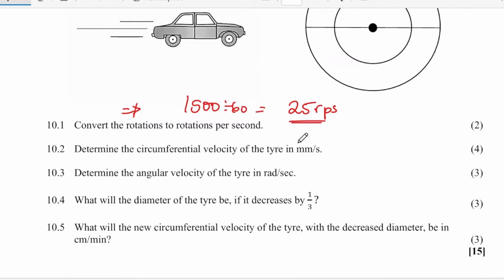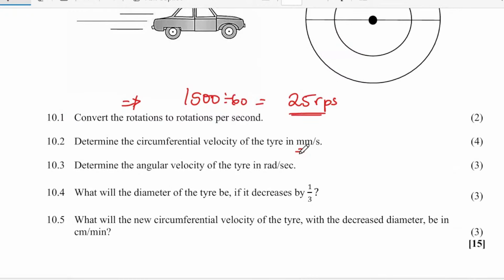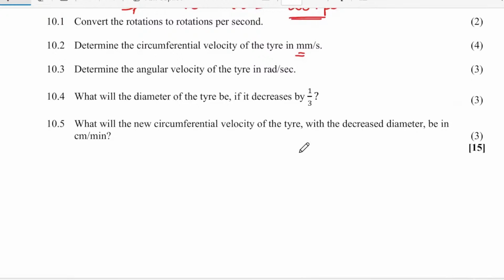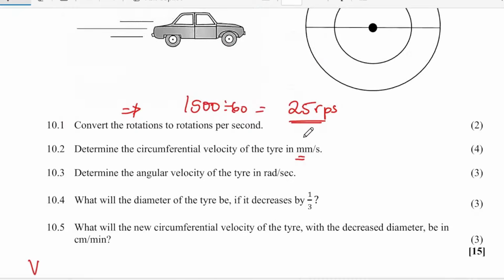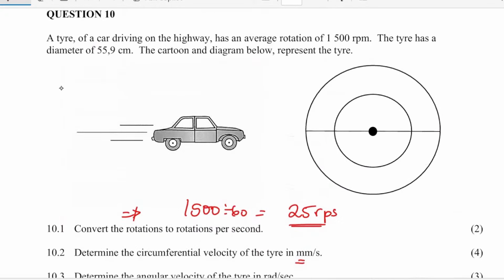Then determine the circumferential velocity of the tire in millimeters per second. One thing we know about the circumferential velocity is that V is pi d n.